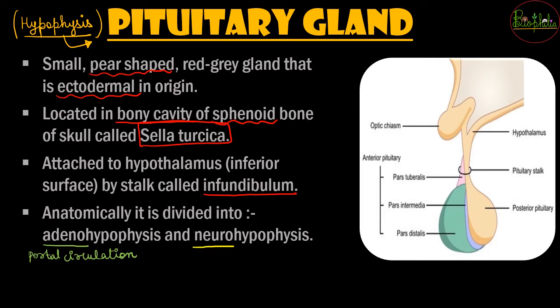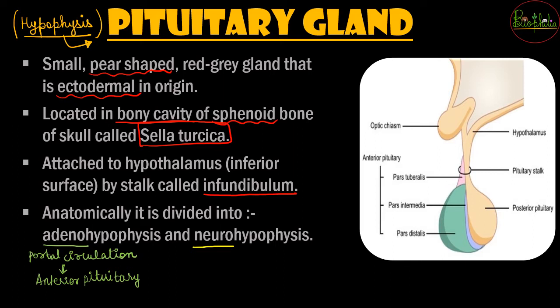So the adenohypophysis acts like the anterior pituitary and it is connected by the portal circulation. That is why it is called the adenohypophysis. Which hormones the adenohypophysis has, we will discuss in detail in the next few minutes. The second part is the neurohypophysis.